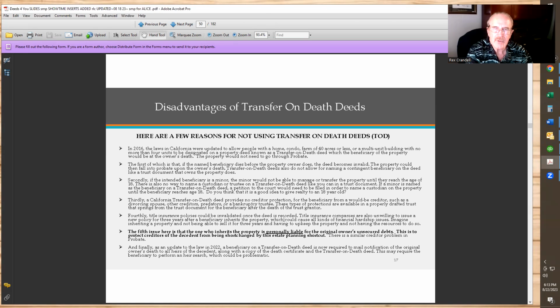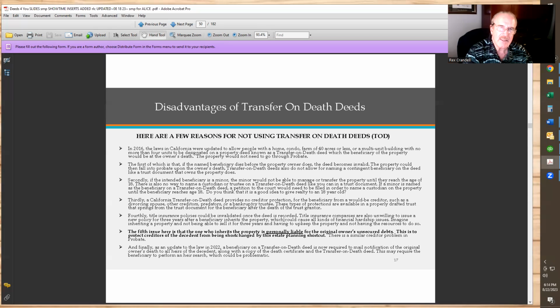They can't even sell it. The transfer on death deed does not provide any creditor protection. In fact, it's worse than other types of transfers, because normally on a trust, when someone dies and it goes to the beneficiaries, the beneficiary is not liable for the personal debts of the decedent.